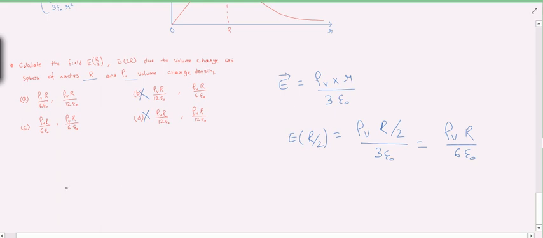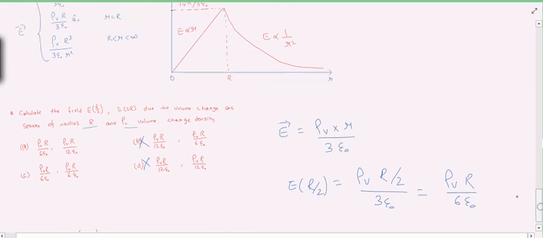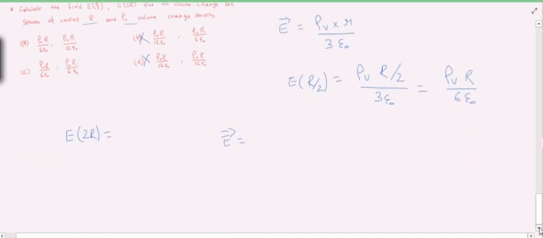Now I want to find the electric field intensity at 2r. For 2r, this is outside the sphere because the sphere has radius of r. So we have to follow the relation for outside the sphere. What was that? It was rho v into capital R cube divided by 3 epsilon naught small r square.